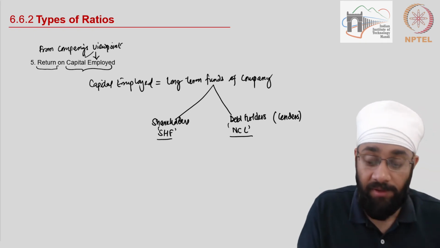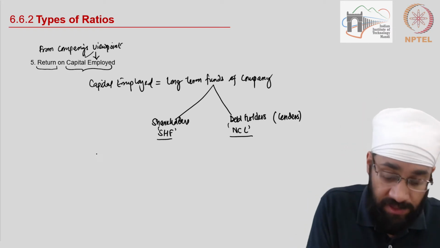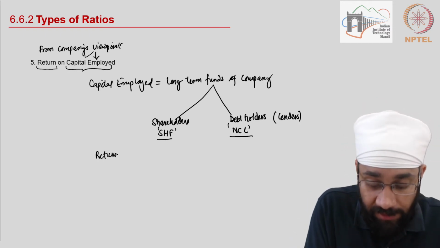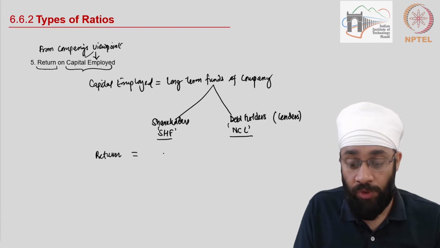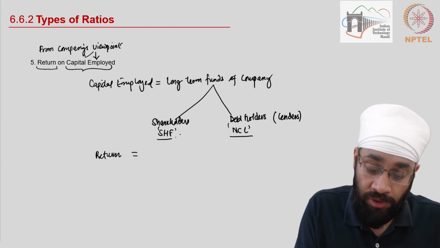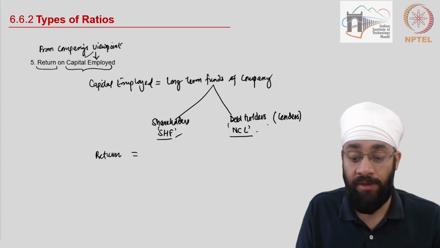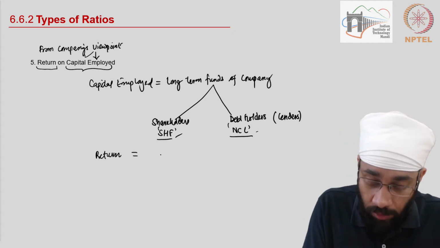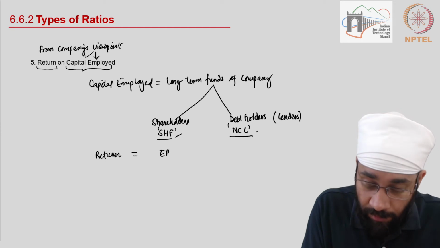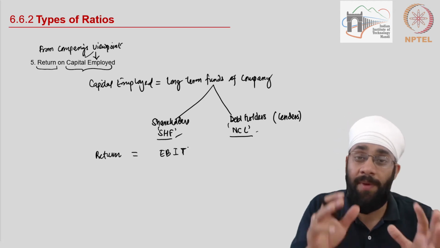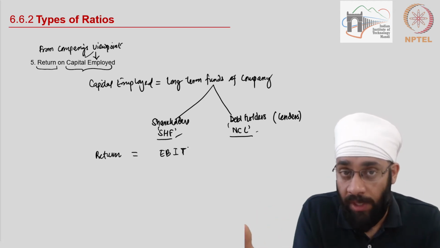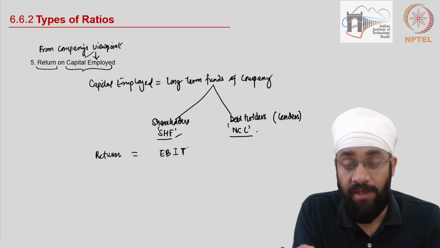What is the return which is generated? Let's define return. The return is defined as the earnings which would be available to both shareholders and the debt holders, which is equal to the earnings before you pay the interest and the taxes. Tax essentially is a mandatory item that everybody has to pay, but the real earnings are before that.